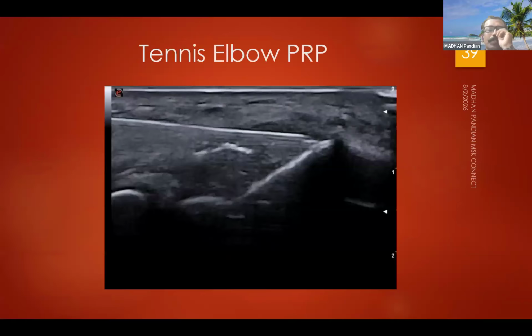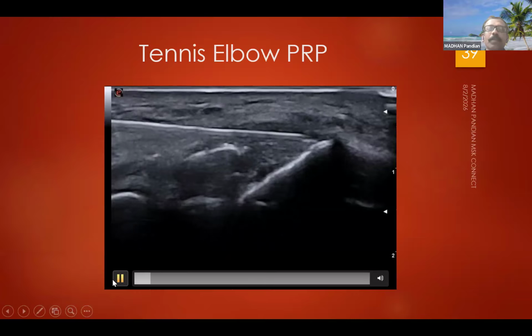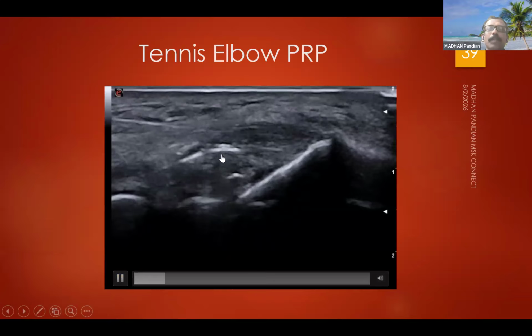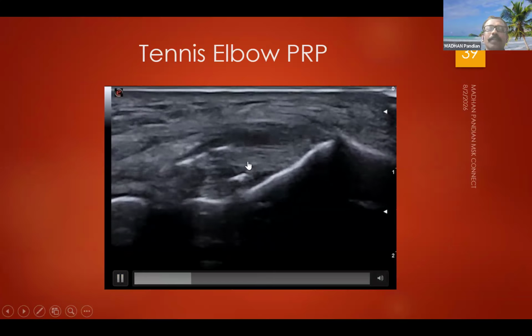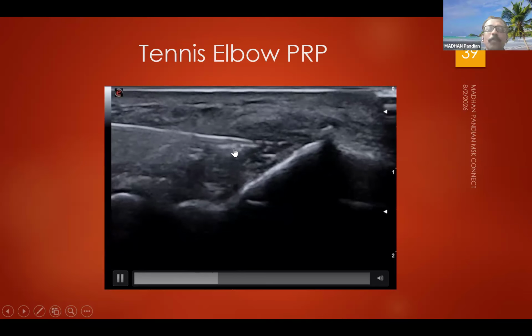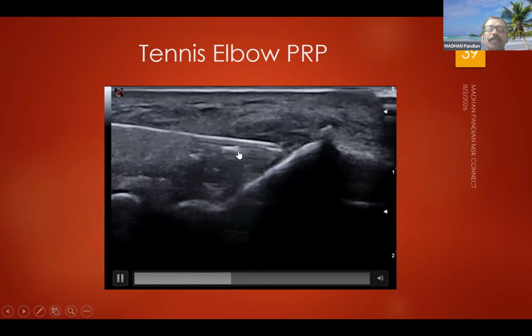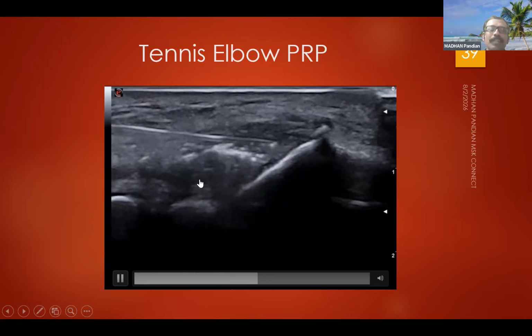So needle fenestration, steroid and PRP. This is a patient who is 32 years old, who is actually an ultrasonographer. Because of this particular calcification, she keeps on scanning on the same side, and there is a small little calcific chunk there. So we could do a proper fenestration of the calcific chunk and deposit the PRP into the substance of the tendon.